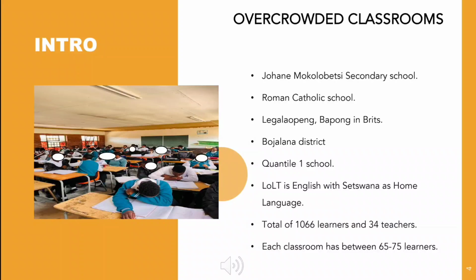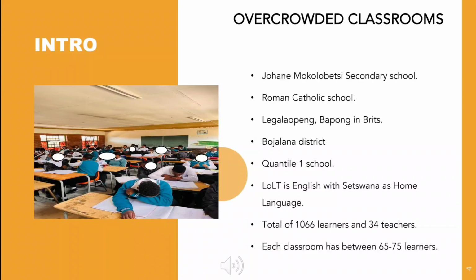Johann Mokolobeti is a Quintile 1 school, meaning that it is fully dependent on the government for funding, and therefore learners are not required to pay any school fees. The language of learning and teaching is English, with Setswana as a home language.